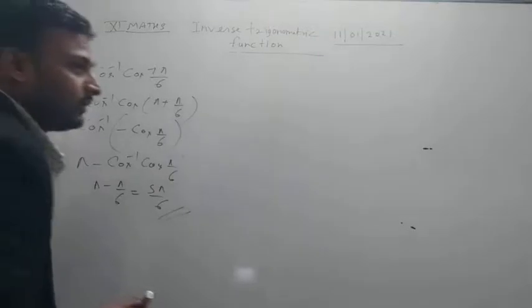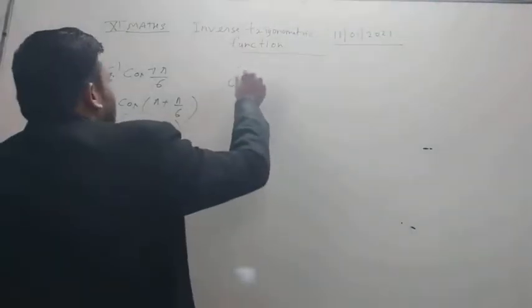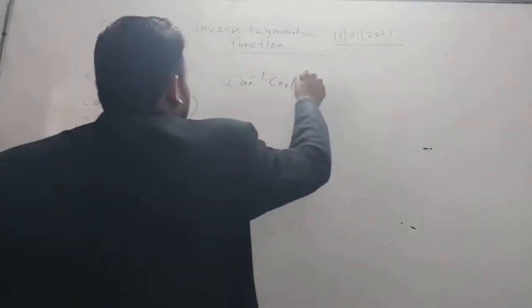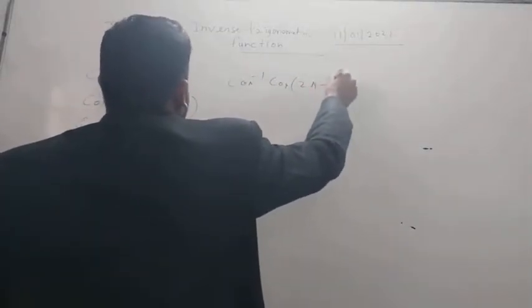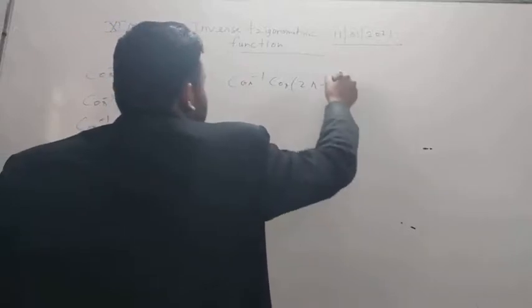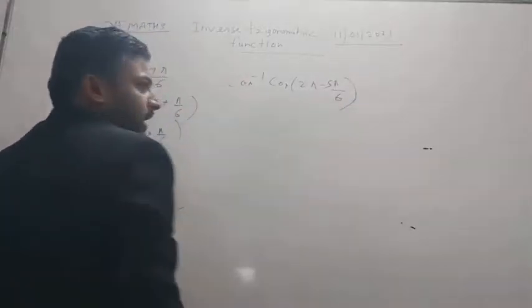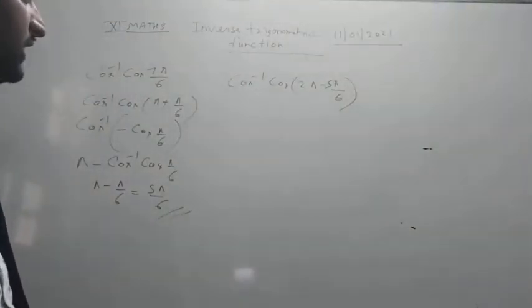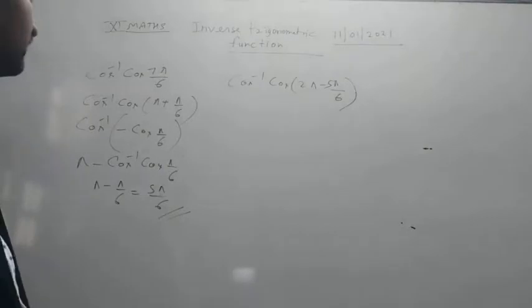Either we can solve this also like cos inverse cos of 2 pi minus 5 pi by 6. So 6 twelves, 12 minus 5 is 7 pi by 6.